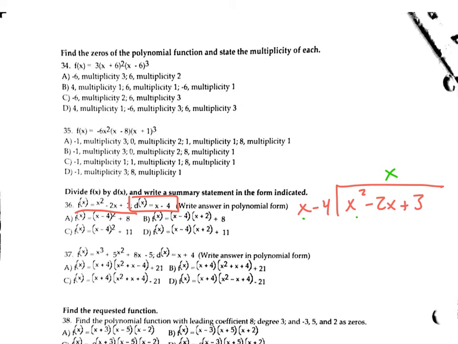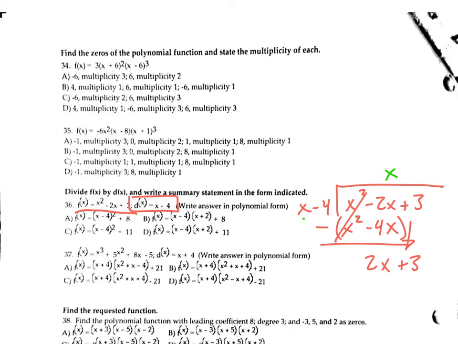So x times x gives x squared, and x times negative 4 gives negative 4x. We subtract to see what our remainder would be. The x squareds cancel out, and negative 2 minus negative 4, minus minus makes positive, so we have 2x. Bring down the 3 and we repeat the process.